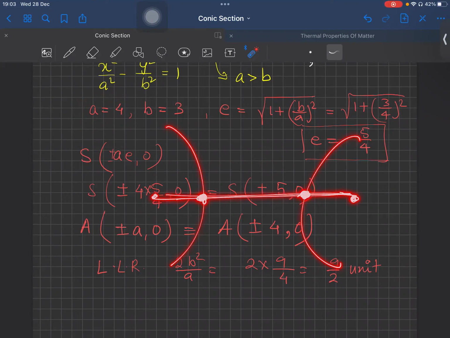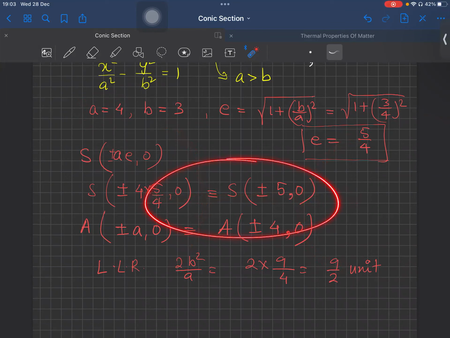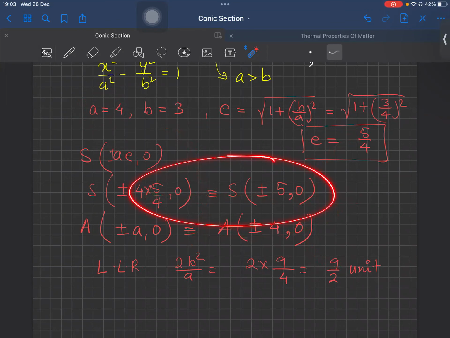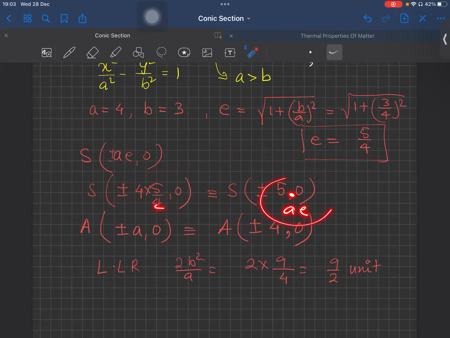In an ellipse the points are a, minus a, and ae, minus ae. So you will always find the focus value smaller than a in ellipse, but not in hyperbola. Same thing here: a is greater than the focus distance in ellipse, and opposite in hyperbola.